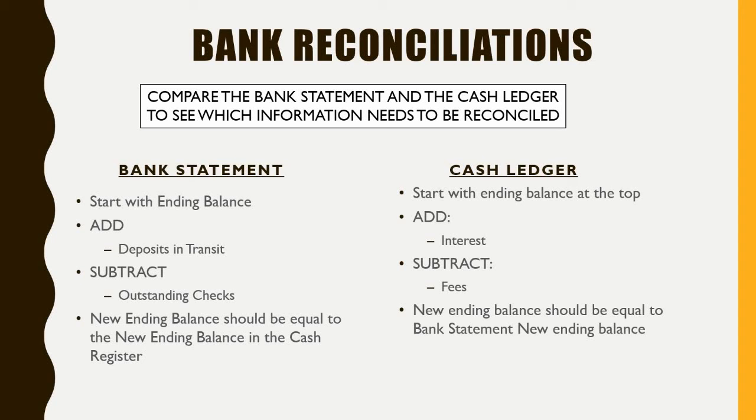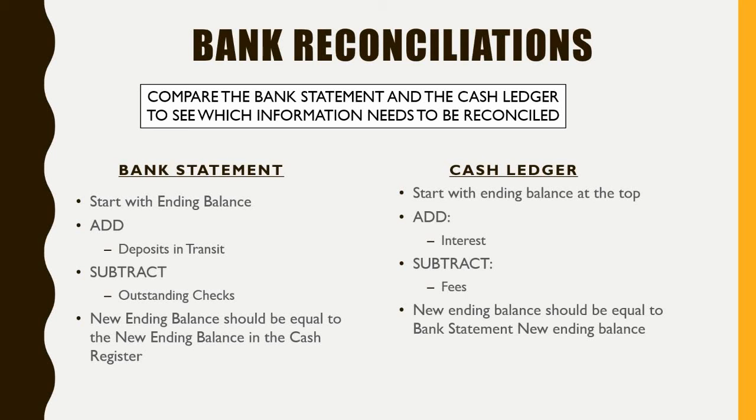And then we're going to subtract out our total amount of checks that are outstanding, meaning checks that have been submitted but haven't been cleared yet. Or in other words, your vendor on the other side that received this check hasn't deposited it into their bank yet. So this is considered an outstanding check.